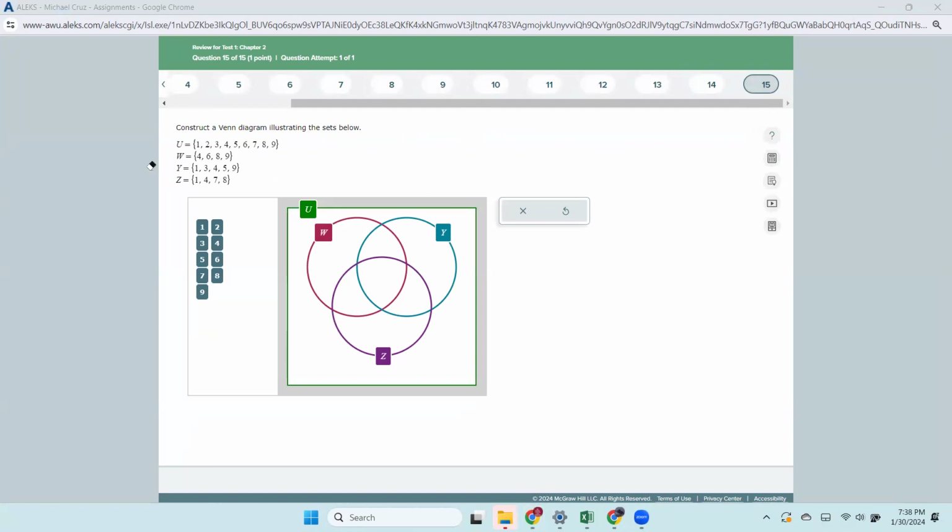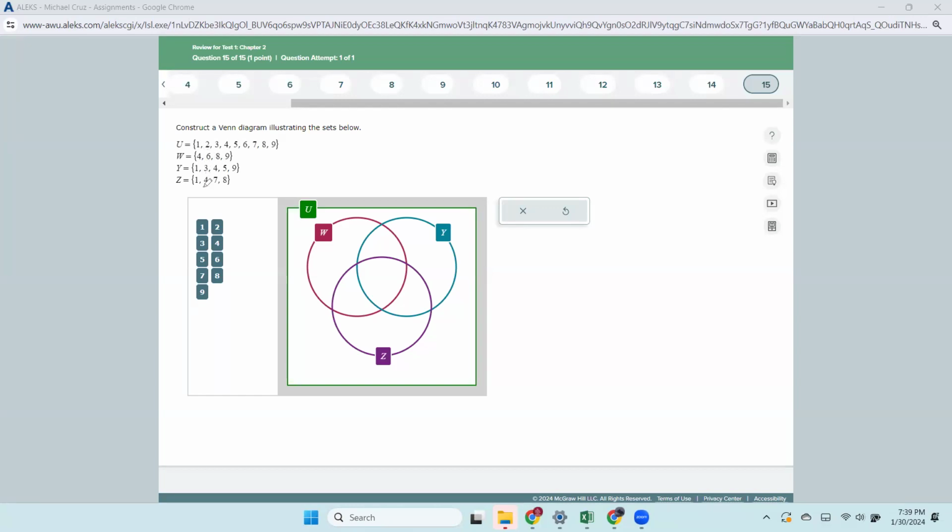All right, so let's try this one. We're going to take these three, W, Y, and Z, and put them in the proper place. If they're not in W, Y, or Z, then they'll go on the outside. The first thing to do is determine which values are in all three.